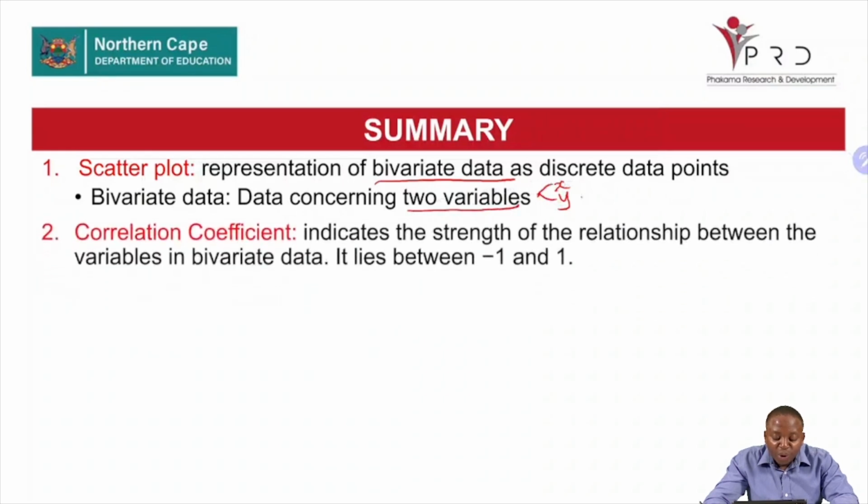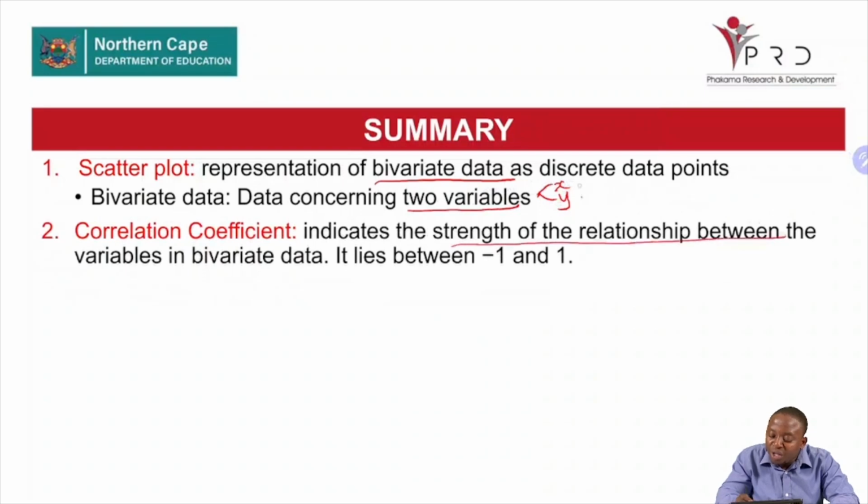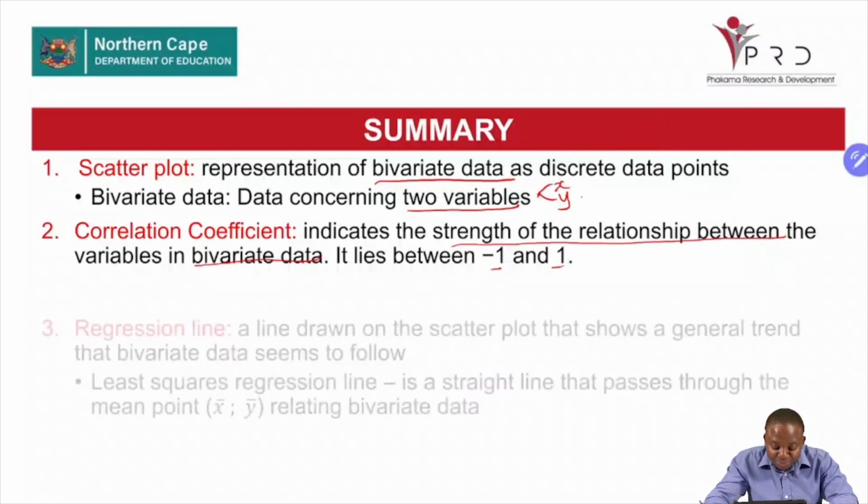What else? The correlation coefficient gives us the strength of the relationship between these two variables, which is the bivariate data. This R lies between -1 and 1, where -1 is the strong negative correlation, and 1 is the strong positive correlation.